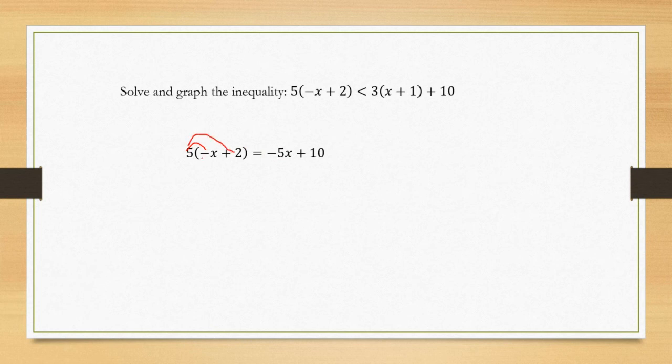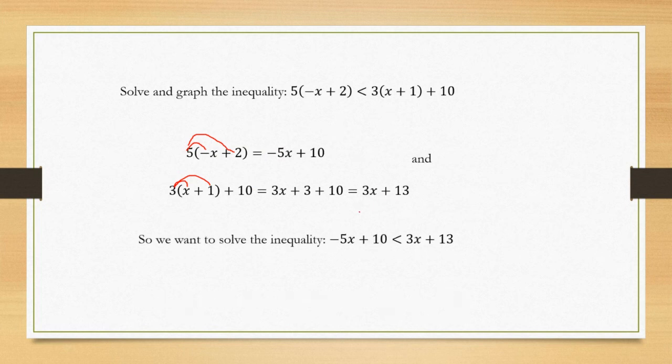For the other side, same idea, we distribute, and then we get 3x plus 3 plus 10, which is 3x plus 13. So we've simplified each side, and this inequality is what we want to solve.